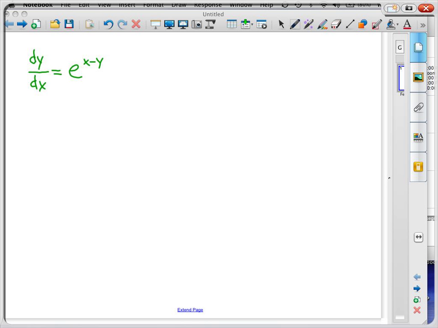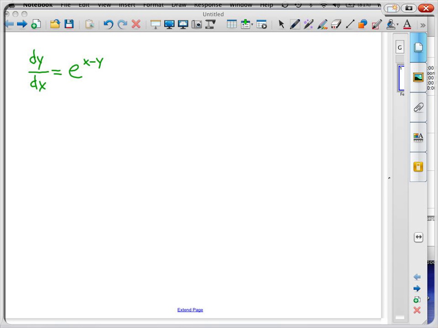Now we have an initial value condition that I will mention later. But for now, we're going to go ahead and go through the process of separating the variables.